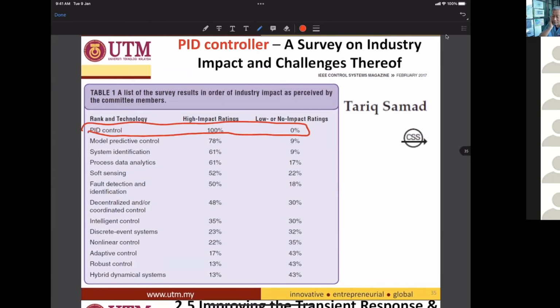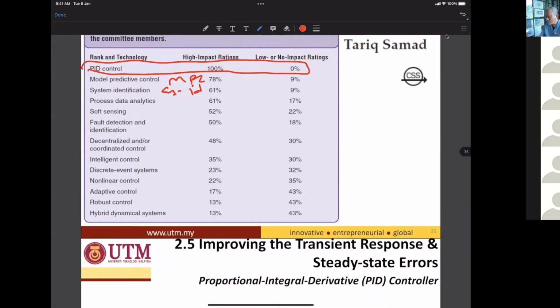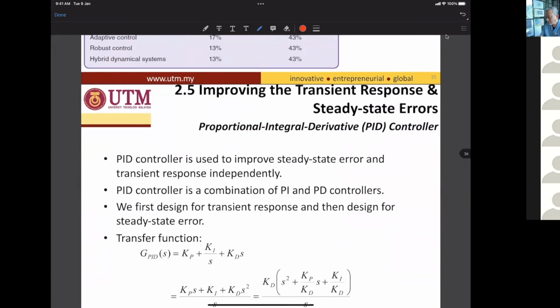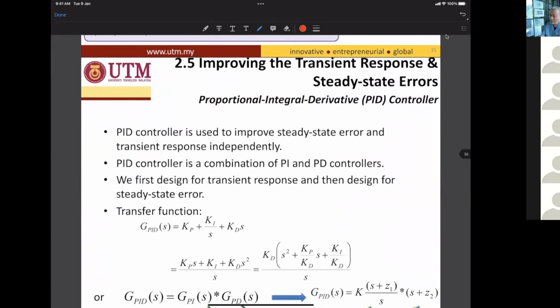Okay, maknanya has been used a lot in industrial compared to other controllers. This one is MPC 78%, system ID 61%, process data 61%, and so on. Okay, this is why we have to look into the PID, proportional integral derivative controller.